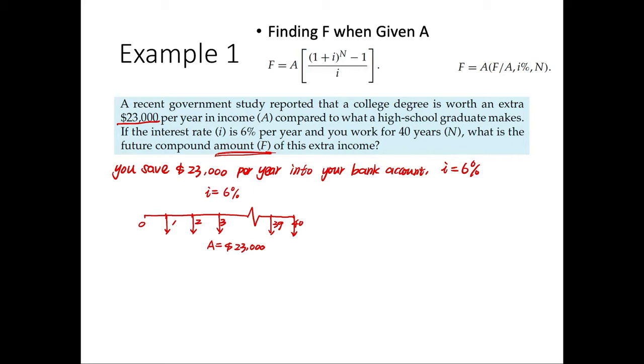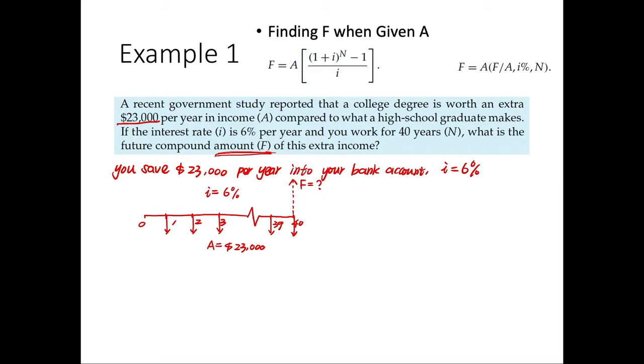And your question is, what is the future amount of this given annuity? Your future amount is the lump sum money you can withdraw from this bank account. So that's an arrow going upward, but it's unknown, so it's a dashed line. And then you can write F equals question mark. That's the way you draw the cash flow diagram, okay?